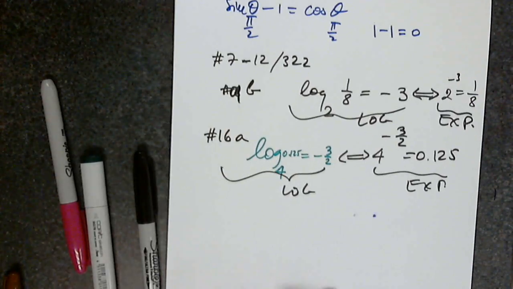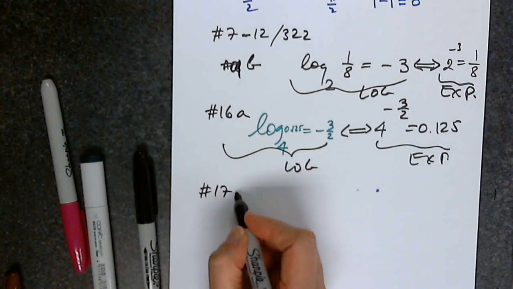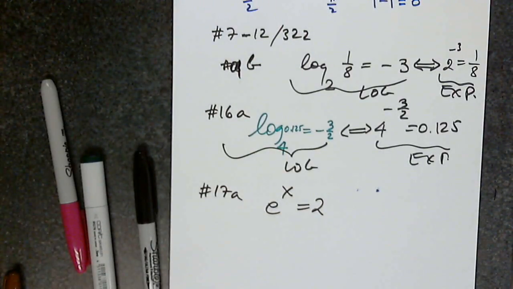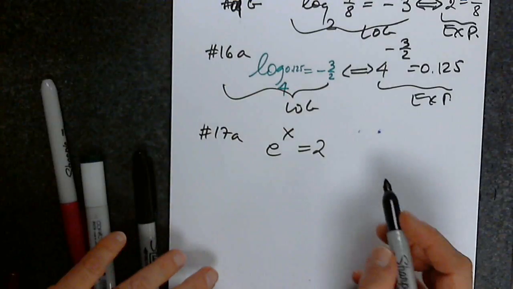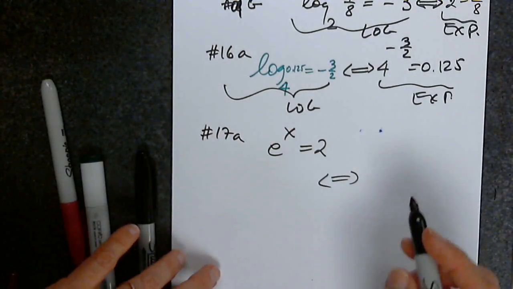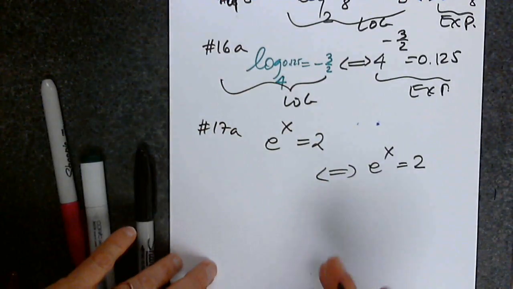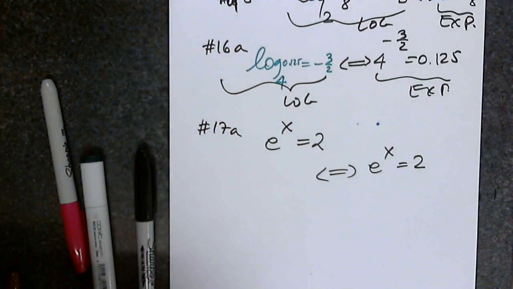Let's do another one like this. Let's say 17a. And we have e to the x equals 2. I recommend write it on the right-hand side if you want to keep them in this order. I prefer that. It's up to you. Now the left-hand side has to have a log. Which log? Which base?